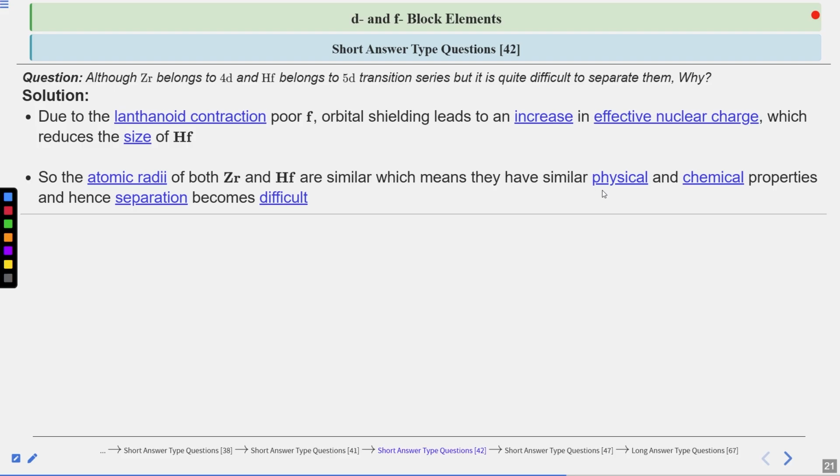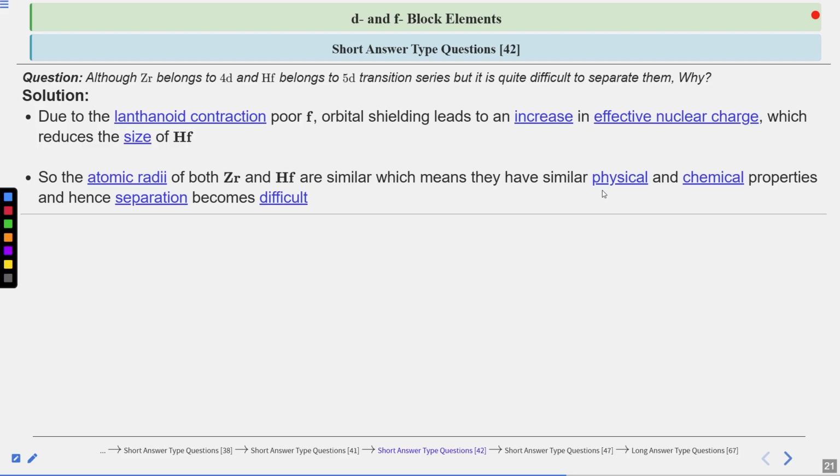And due to this, the atomic radii of both zirconium and hafnium are similar, right? If their atomic radii are similar, they behave similarly, physically and chemically. So their physical and chemical properties are similar, and due to which their separation becomes difficult.